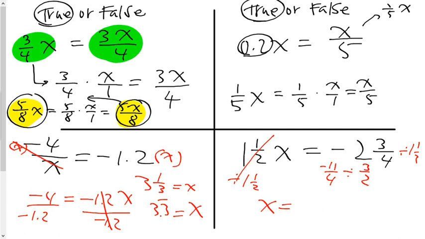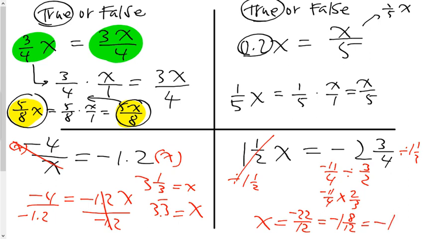Our rule when we're dividing fractions is keep the first fraction, change to multiplication by the reciprocal. And therefore, our answer is going to be negative 22/12, which is equal to negative 1 8/12, which, when we divide both by 4, is negative 1 and 2/3.